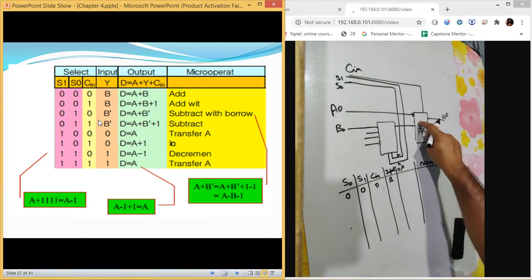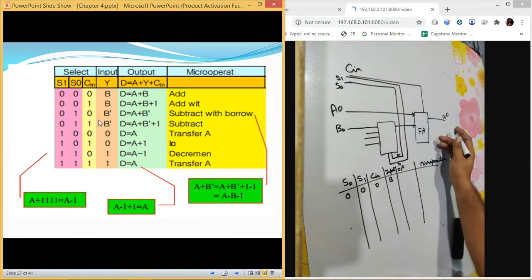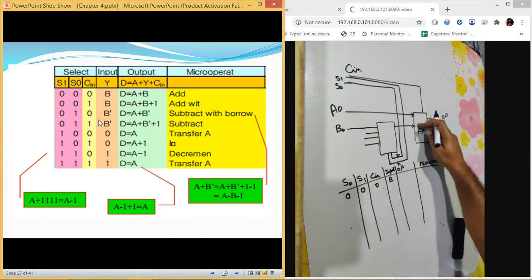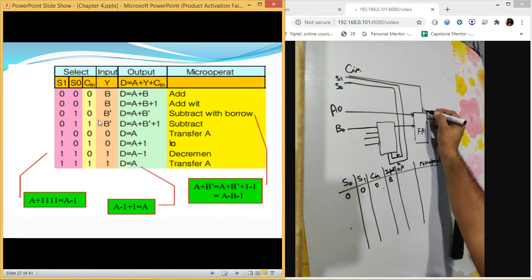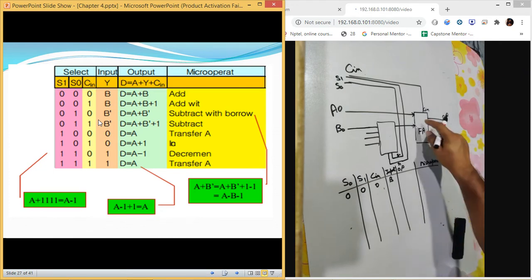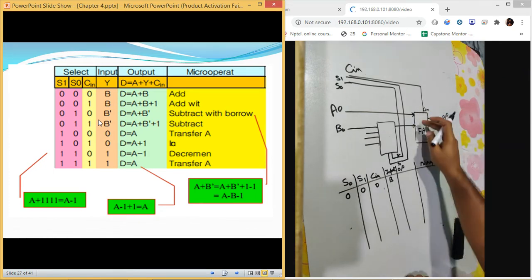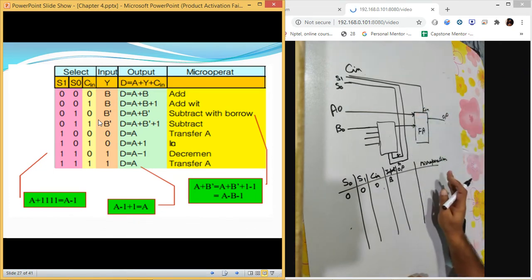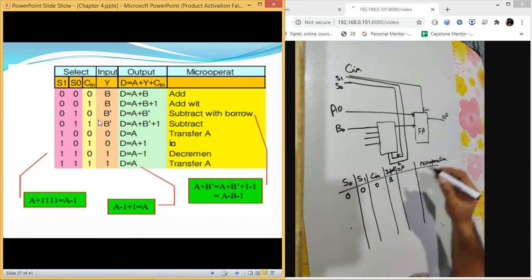So what will the full adder perform? The full adder will simply add the values, because the only function it knows is addition, since we are using a full adder. Its task is simply to add all the values it gets.